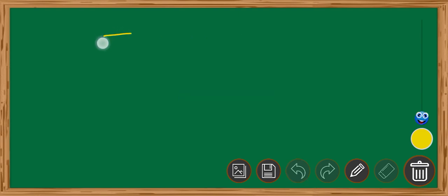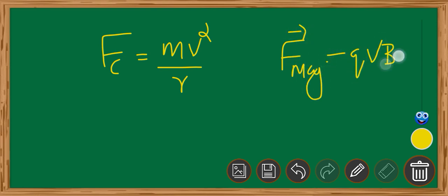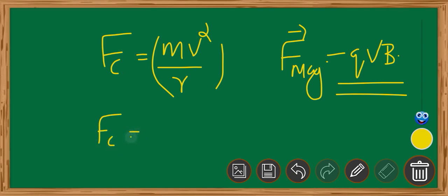What is centripetal force? I'm writing this as Fc. So centripetal force is equal to mv square by r, and we know that this magnetic force is equal to qvb. So the centripetal force for that circular motion is provided by this magnetic force. It means that centripetal force is equal to magnetic force here.